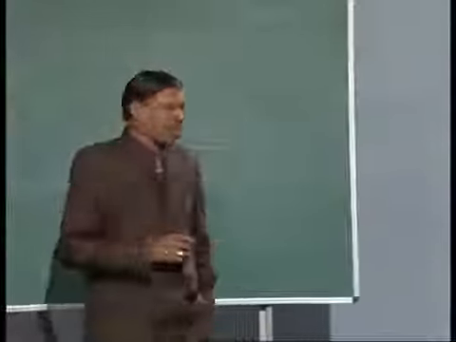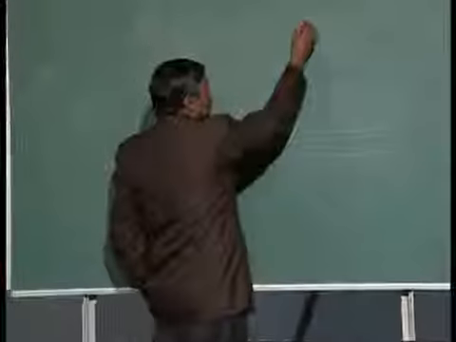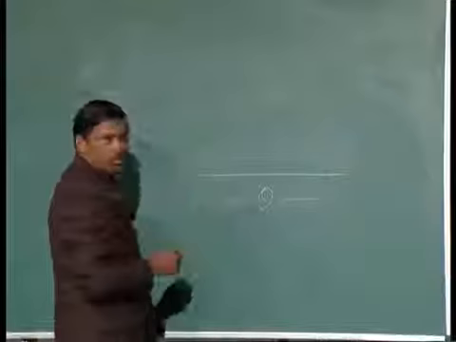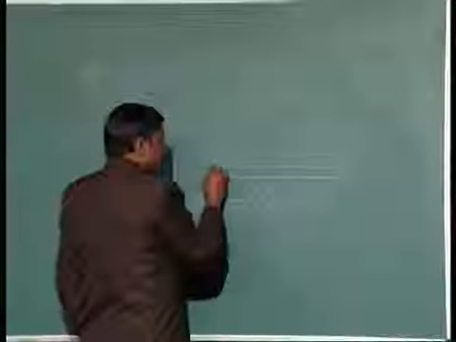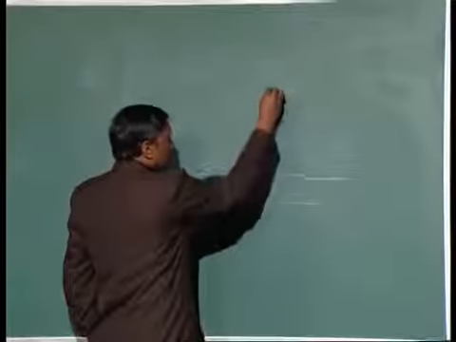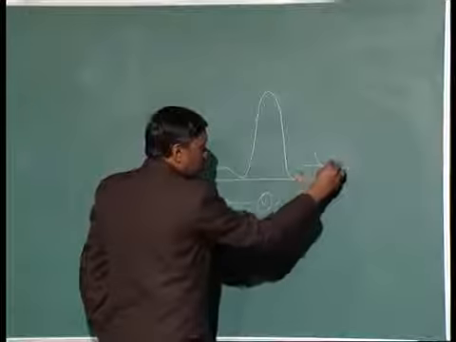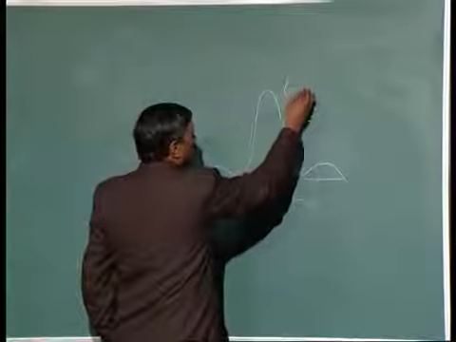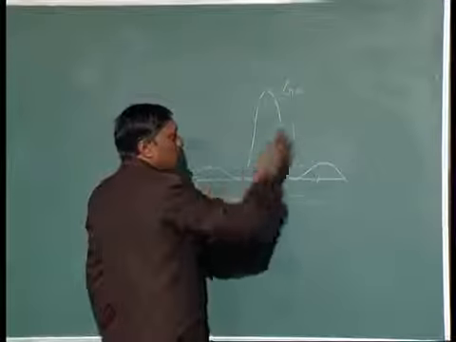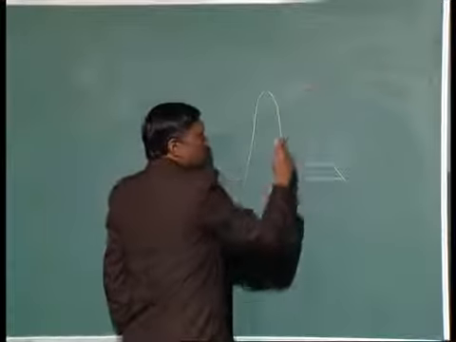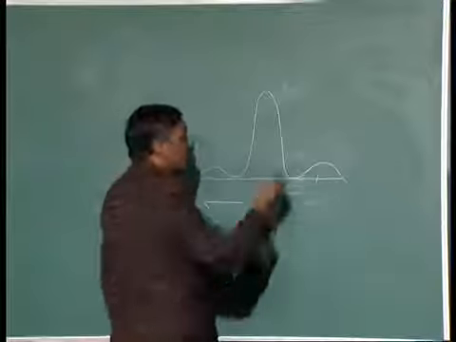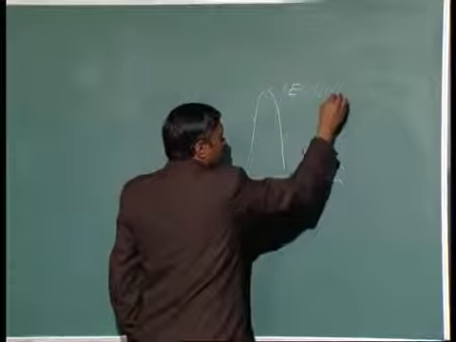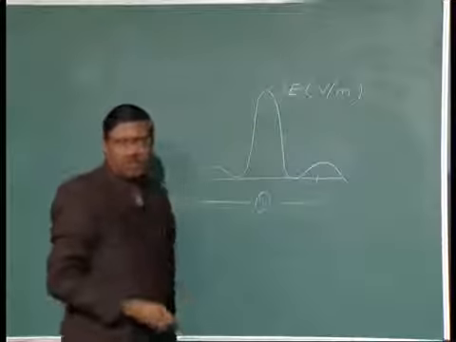Then I am trying to find out how this electric field intensity is changing with different theta values. Then as we are drawing, maybe our field distribution will take a shape like this. Here this is nothing but the gain. We will not use the word gain now because it will be confusing at this moment. We will say this is field intensity, electric field intensity, which is volt per meter, V/m.